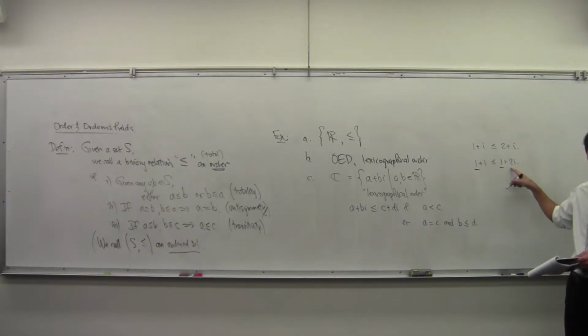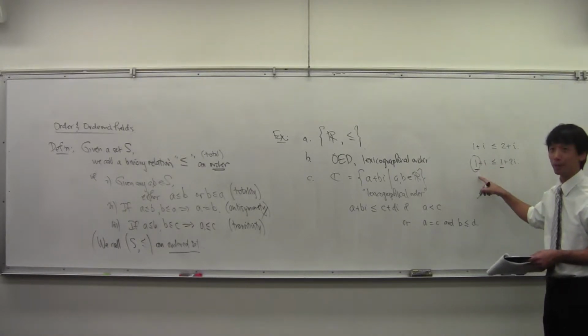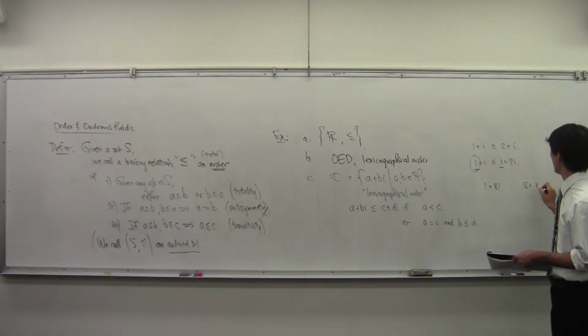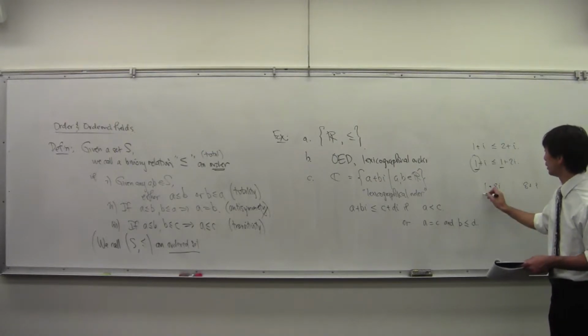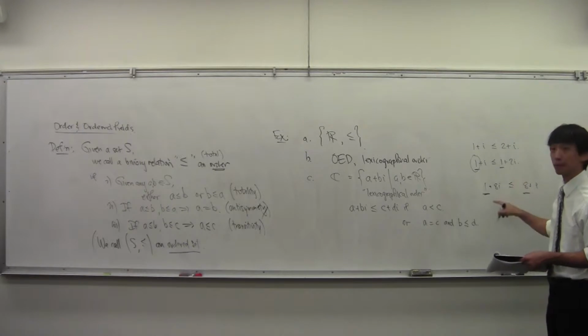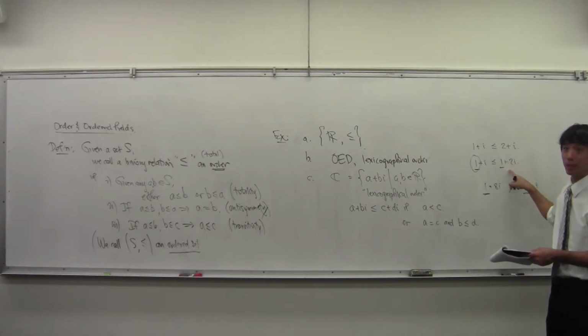Yes, Nick. How does it rank, like if you had 1 plus 8i relative to 8 plus 1i? So you look at the first letter first, right? So 1 plus 8i and 8 plus 1i. Well, look, the real part is less than the real part, so this guy is less than. Okay. If the real parts are equal, then you look at the imaginary part.